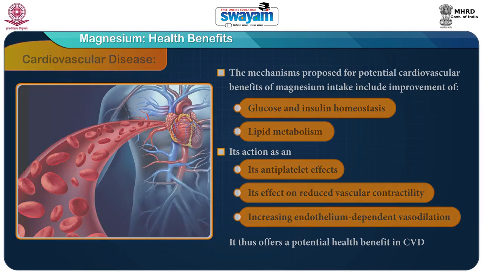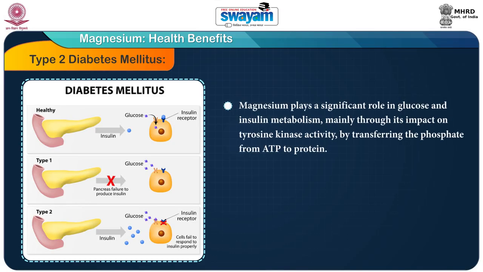Now, role of magnesium in type 2 diabetes. Magnesium plays a significant role in glucose and insulin metabolism, mainly through its impact on tyrosine kinase activity by transferring the phosphate from ATP to protein.